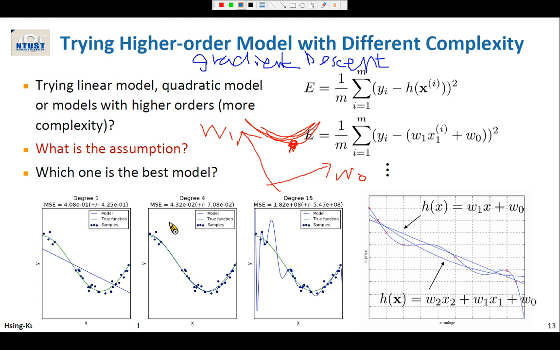Usually, deciding the assumption is harder than deciding the best model. So that's something you have to keep in mind. Once we decide the assumption, the rest is almost like the normal equation. It's kind of trivial.